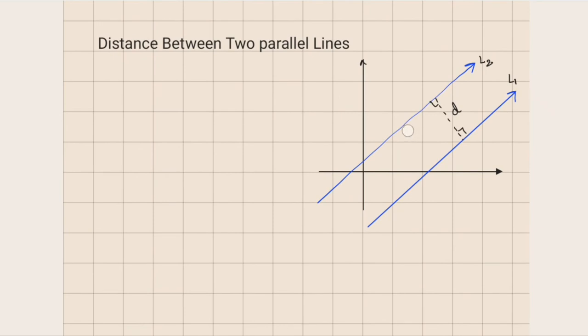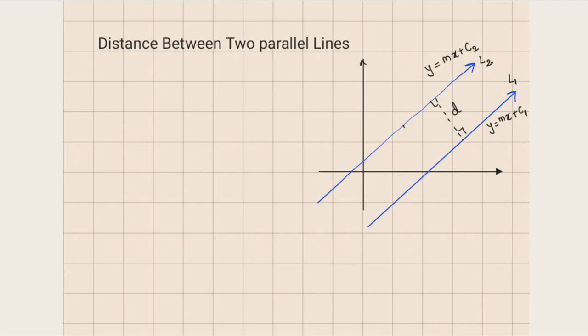Let's say this line L1 is y equal to mx plus c1, and this line is y equals mx plus c2. See, as these two lines are parallel, slopes are equal.